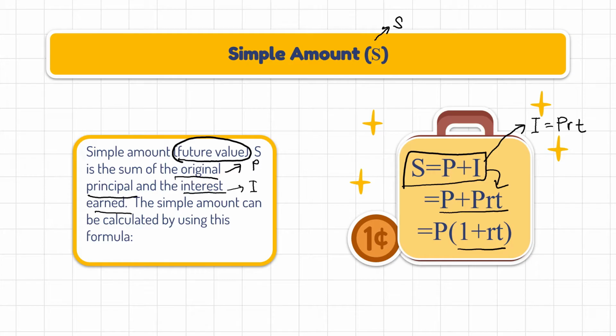Therefore, the formulas involved in finding simple amount are S equals P plus I, or S equals P(1 plus RT). So these are the formulas that we are going to use in order to find simple amount.